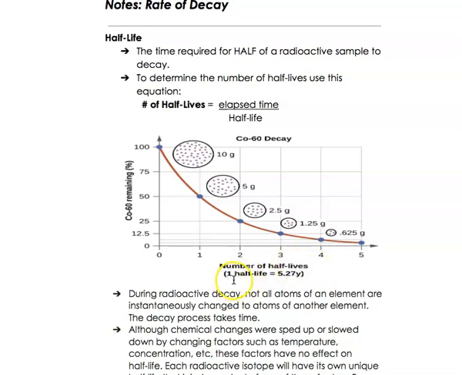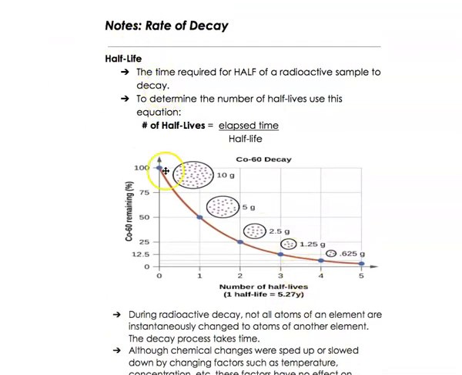And it also says that one half-life will last 5.27 years. So if we go to the notes, it says that a half-life is the time that is required for half of the sample to decay. For example, in this graph, we are starting with 10 grams of cobalt 60.